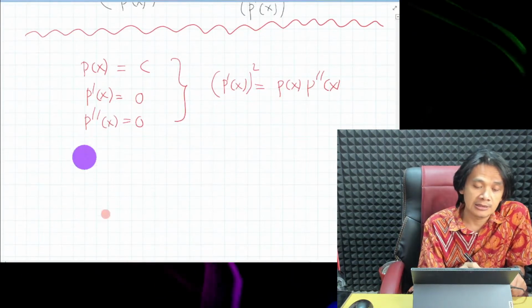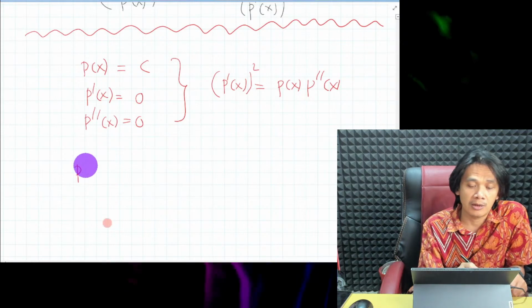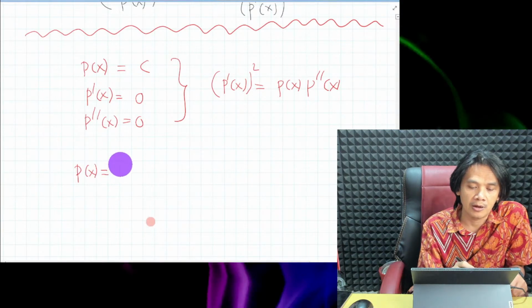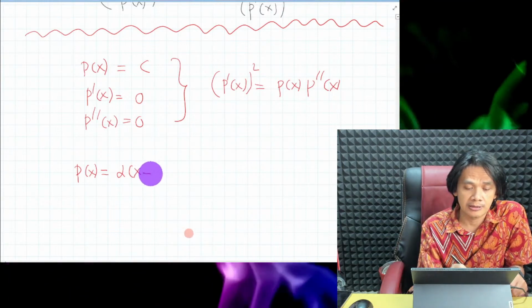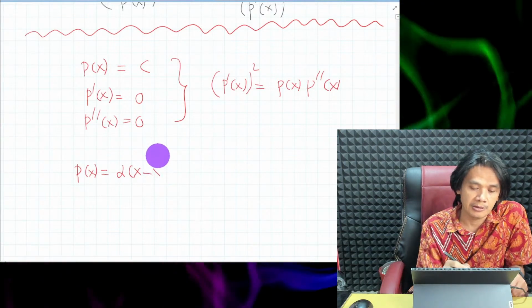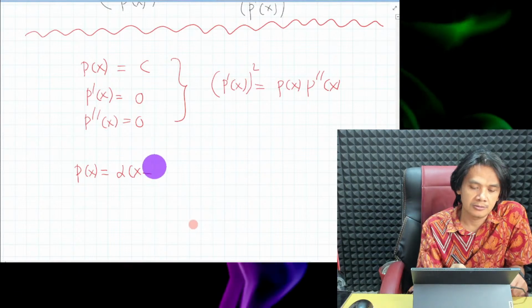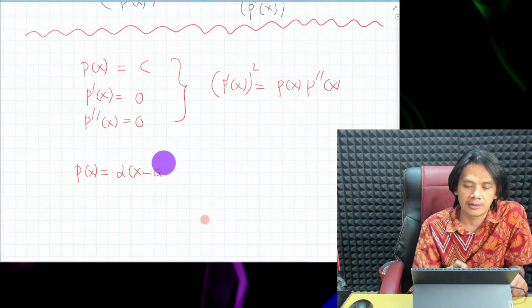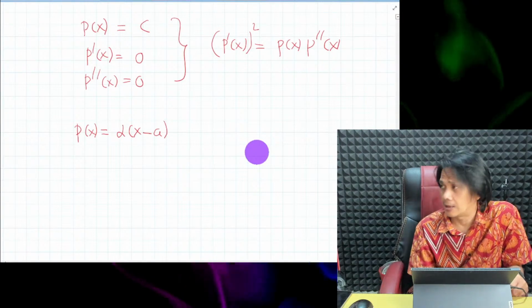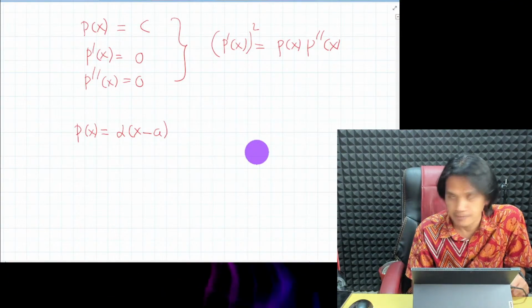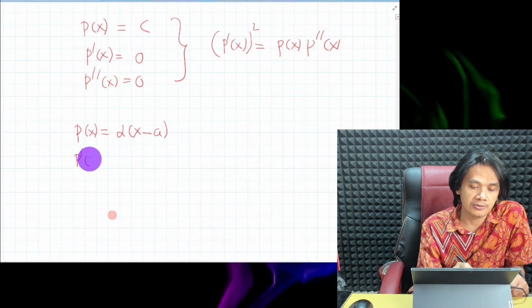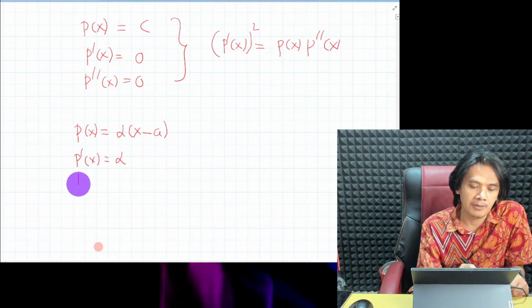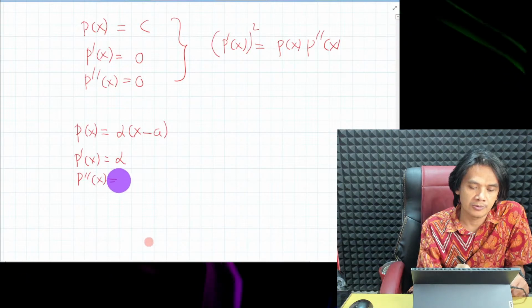Then we can try to see some pattern. What happens if it is a polynomial that has one root? Let's say x minus a, for example, whatever, like this. This is just some experimentation, right? P prime of x is equal to alpha, and then p double prime of x is equal to 0.